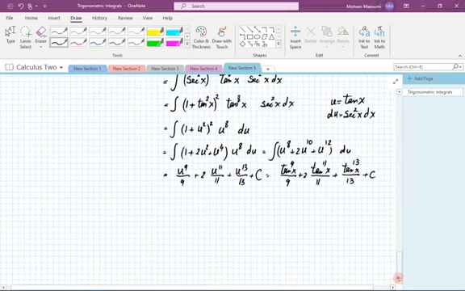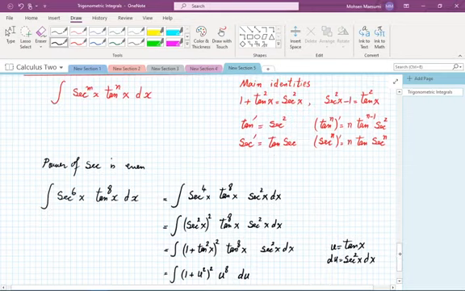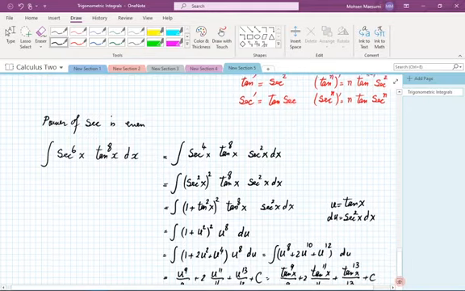Okay, now what if the power of secant wasn't even? What other choices do we have? Another situation that saves the day is if the power of tangent is odd. If the power of tangent is odd, then we are going to make use of this formula. Let's see how that works.